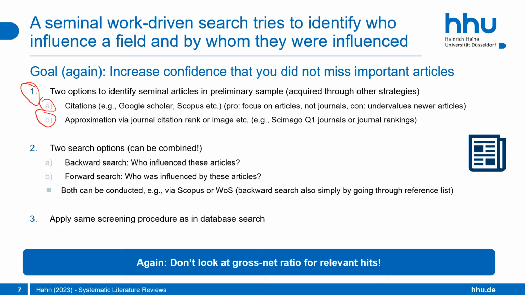Something like that would be possible. And then you have a look, okay, which are the seminal journals, and then have a look, okay, which article in my preliminary sample is cited in these journals and which other ones are not, so that you only look at those that are published in the seminal journals again.